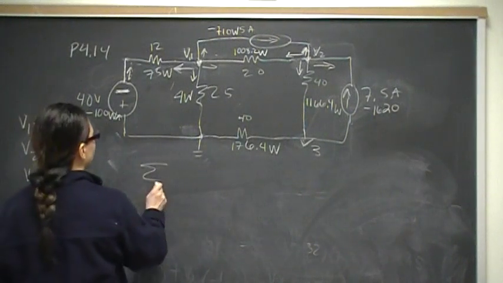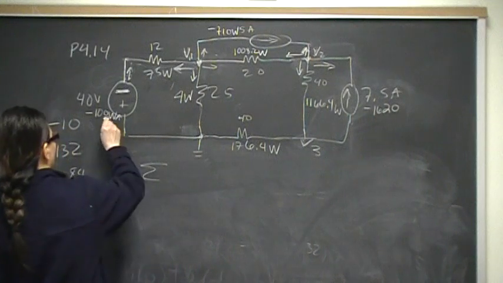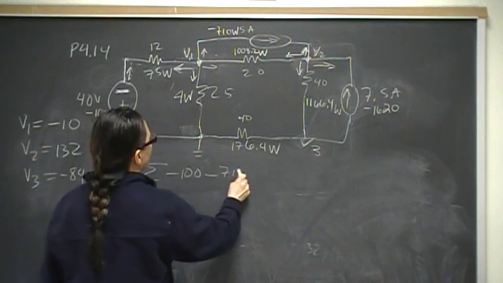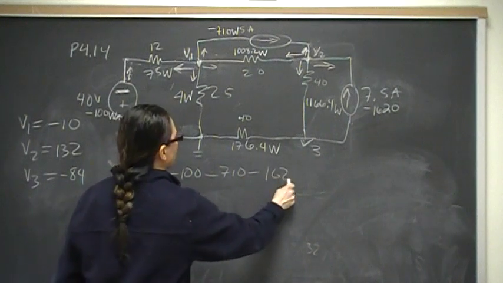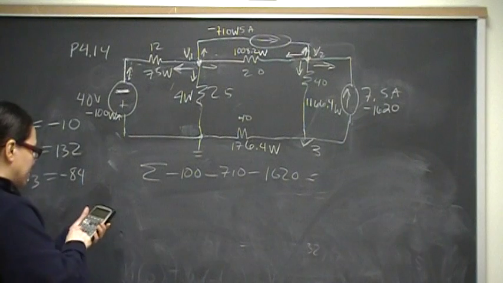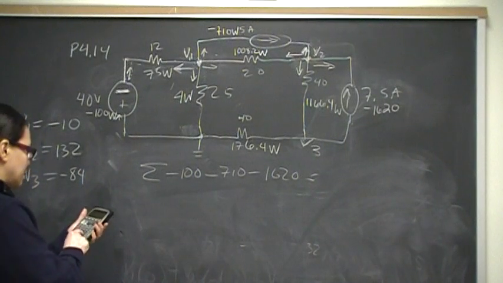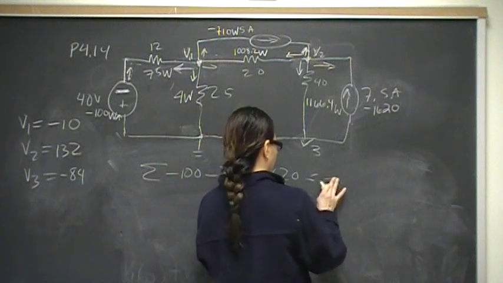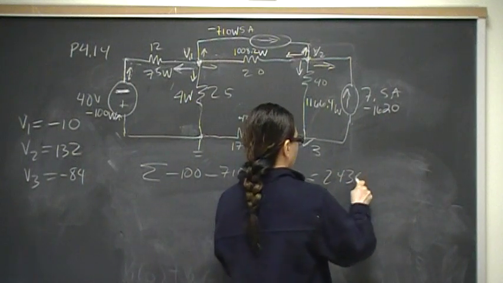So the sum of the developed ones: we have negative 100 minus 710 minus 1620, which gives me 100 plus 710 plus 1620. The circuit is developing or generating 2430.